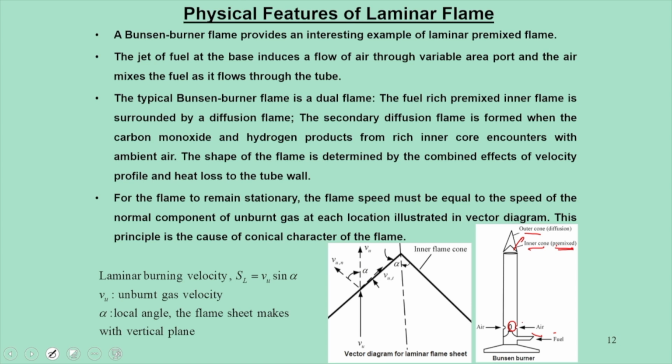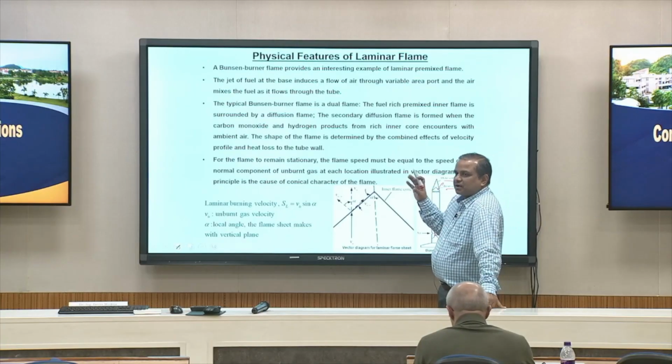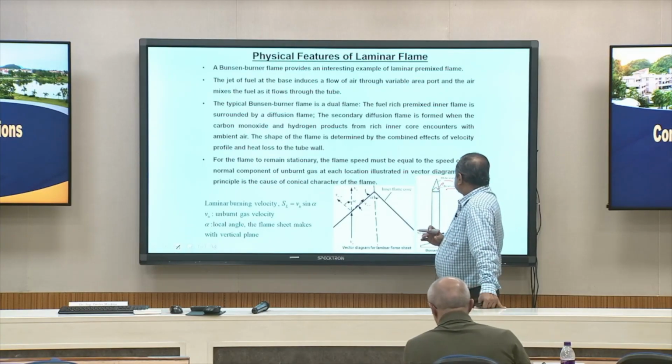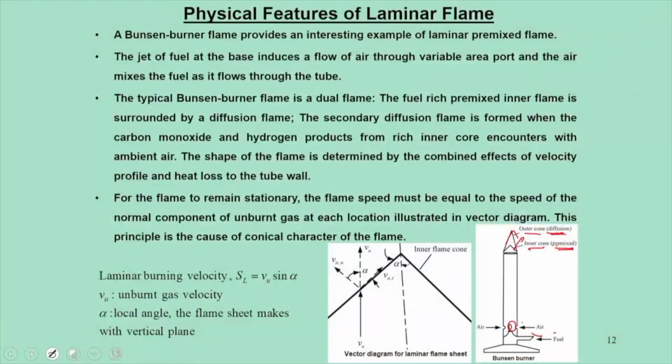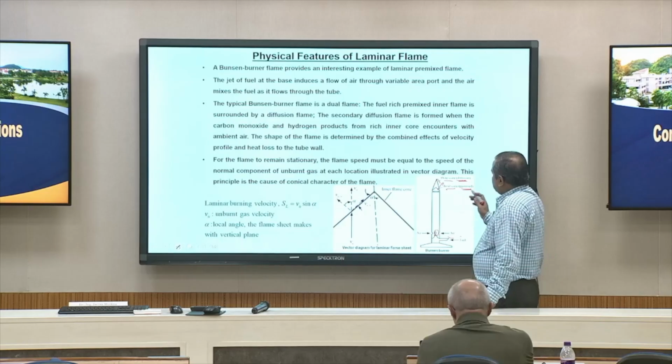Through this process there is no control of the premixed concept. So it forms an outer cone, and that is called the diffusion flame. This is the characteristic that a Bunsen burner flame gives, with both premixed and diffusion flames.